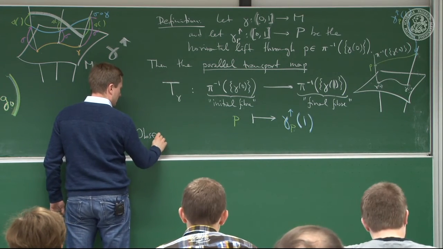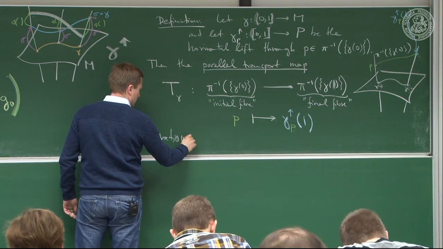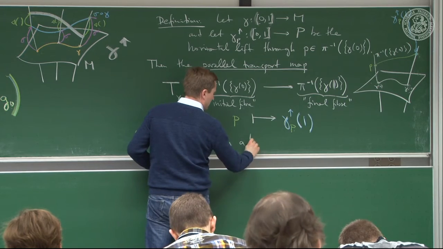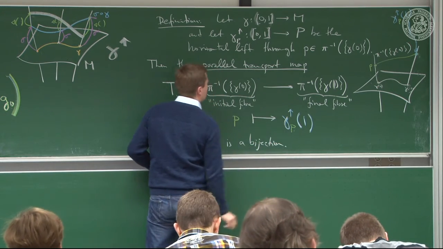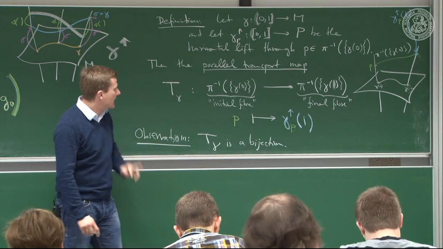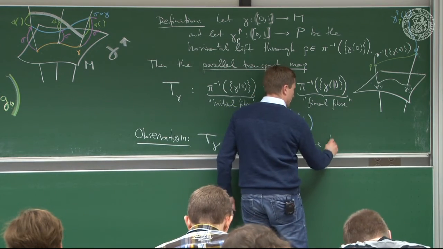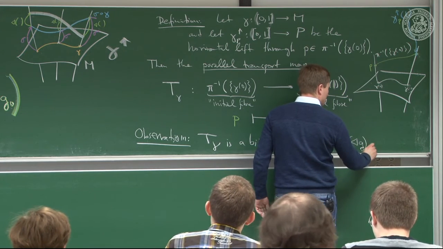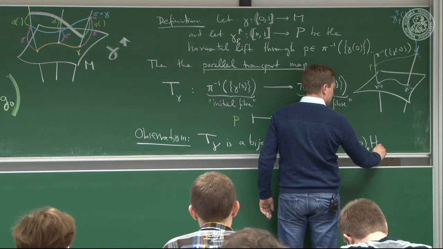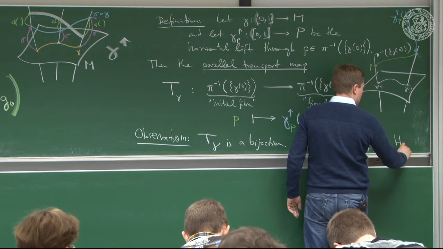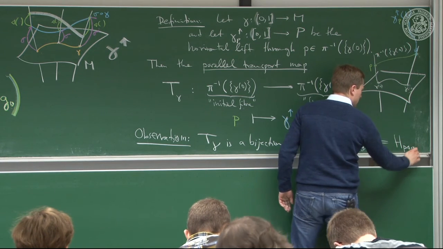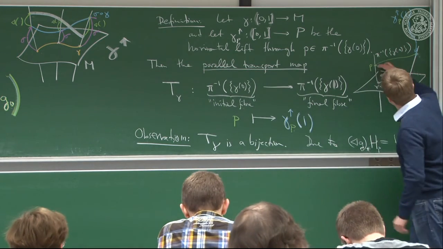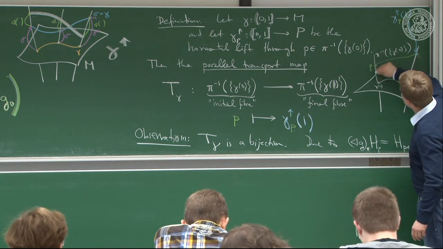observation: T gamma is a bijection between the initial fiber and the final fiber, and this is essentially due to, if you think about it, the fact that the push forward of a horizontal space at some point actually is the horizontal space at the point P acted upon from the right by G. That means within the fiber, this guy moves you within the fiber here.